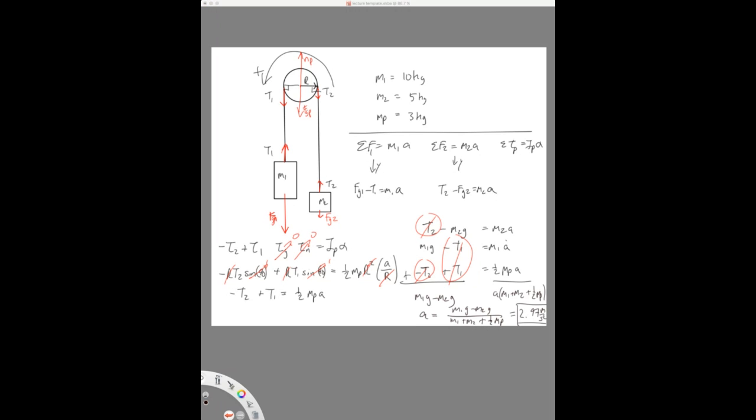Okay, and if we had ignored the mass of the pulley, just for curiosity's sake, it would have been 3.27. So even with a 3 kilogram pulley, we make only about 10% error to ignore the pulley. Okay, any questions?